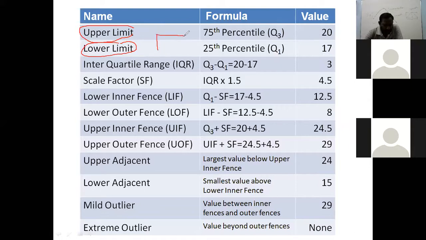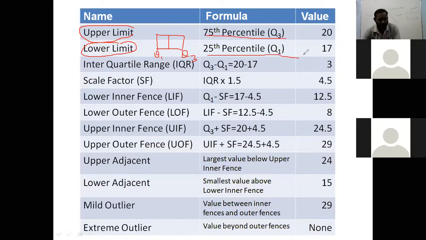We drew a box plot, you see. So this is Q1, that is the lower limit. Q3 is the upper limit, isn't it? So the upper limit is Q3, the lower limit is Q1. We are introducing a term called IQR, interquartile range.